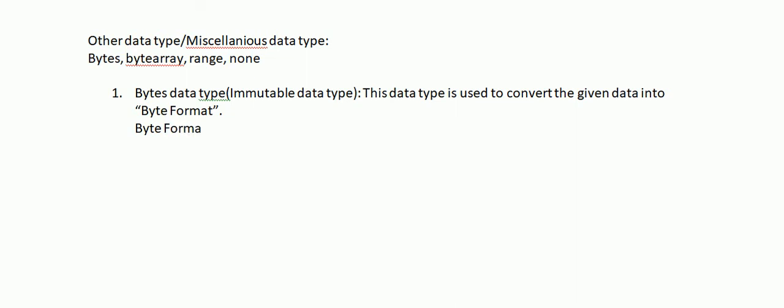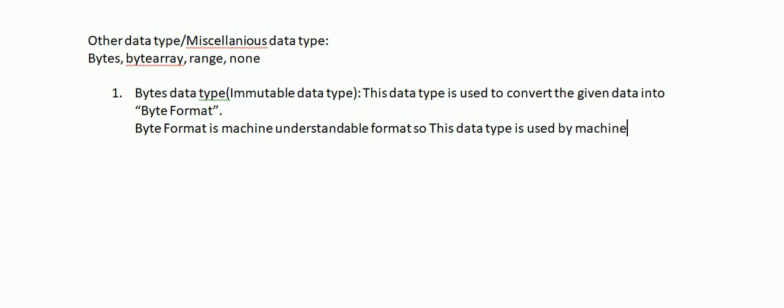Now byte format is machine understandable format. So this data type is used by a machine, that is our computer, for converting the given data into binary format.